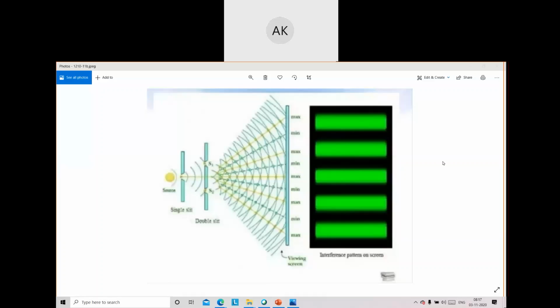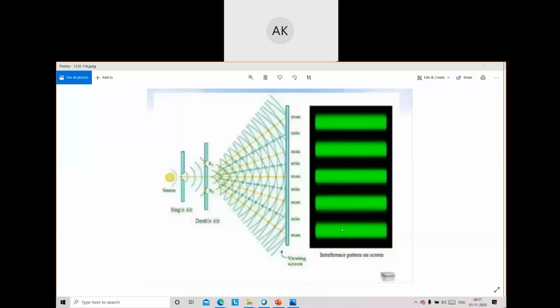On the screen, what can you see? You can see the bands or fringes. These are called fringes. On a screen, we can see interference fringes, or you can call them interference bands, the interference pattern on the screen. This is the pattern that we see.